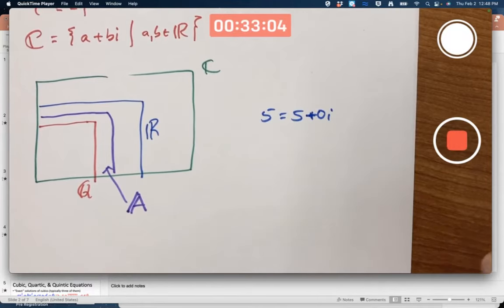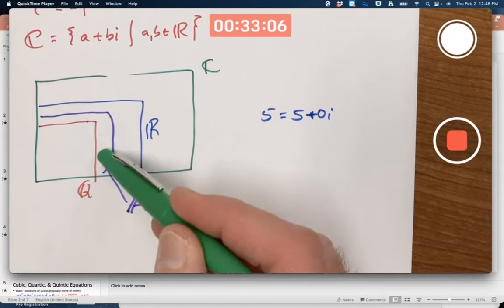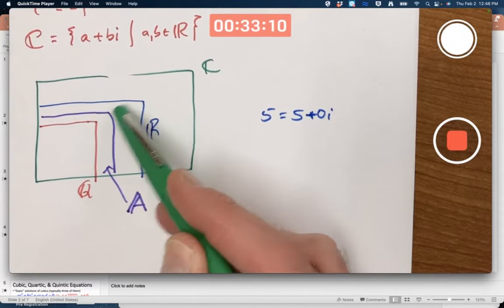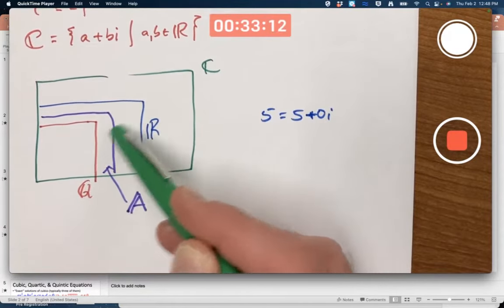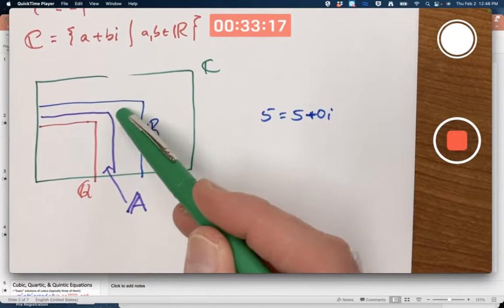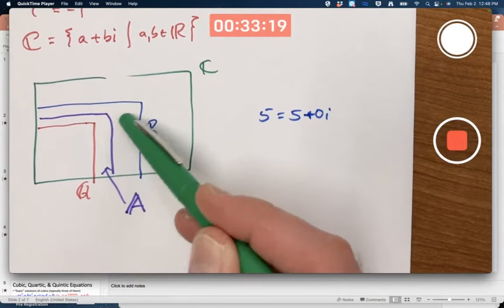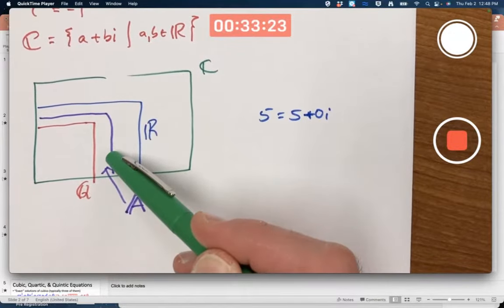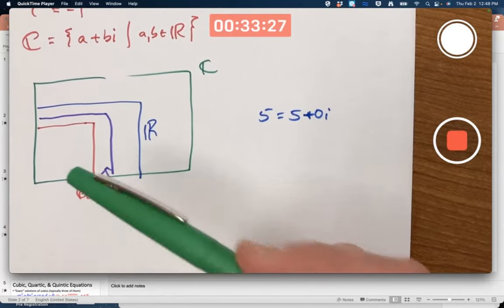The irrationals would be everything in R that's not in Q, so everything in this upside down L shape would be irrationals. The transcendentals are everything in R that's not in A, not in the algebraic numbers, so the skinnier upside down L shape would be the transcendentals. Okay, good to think about.